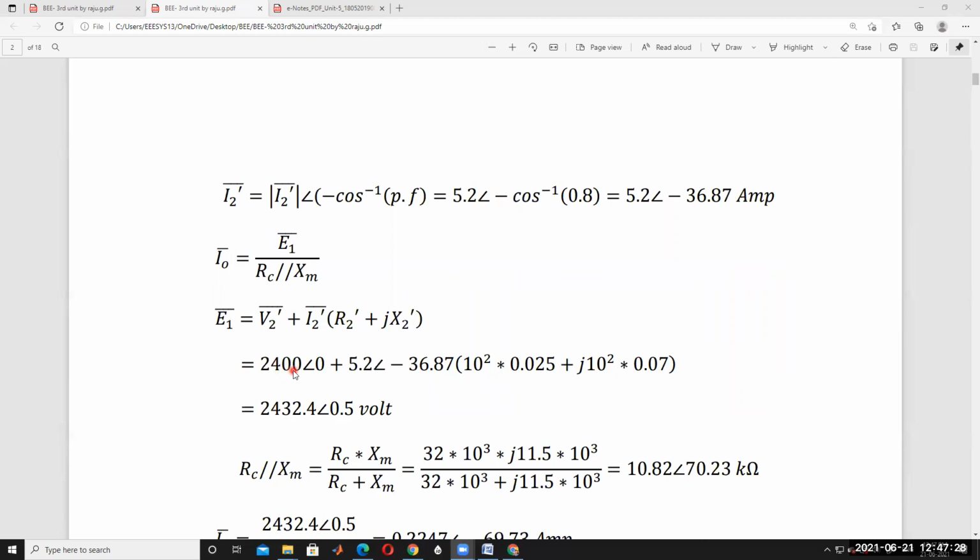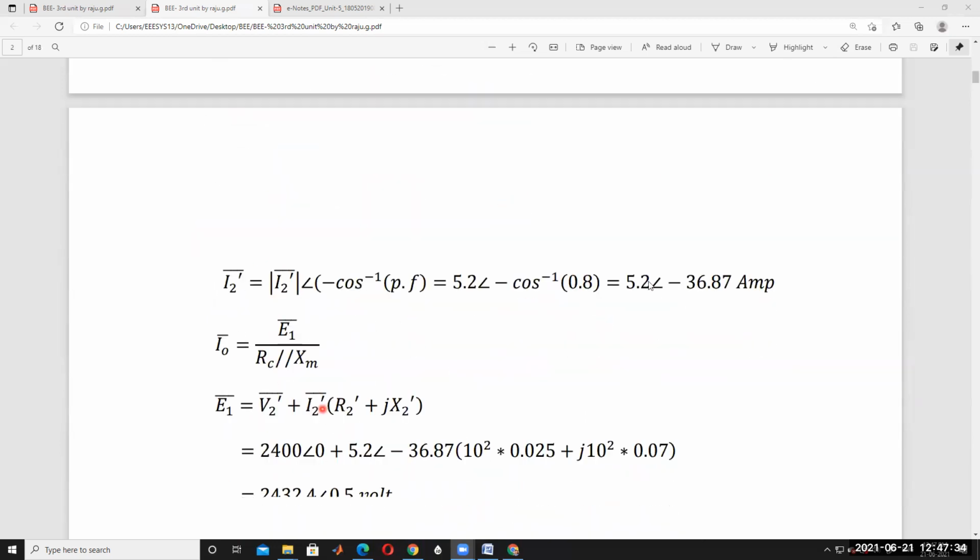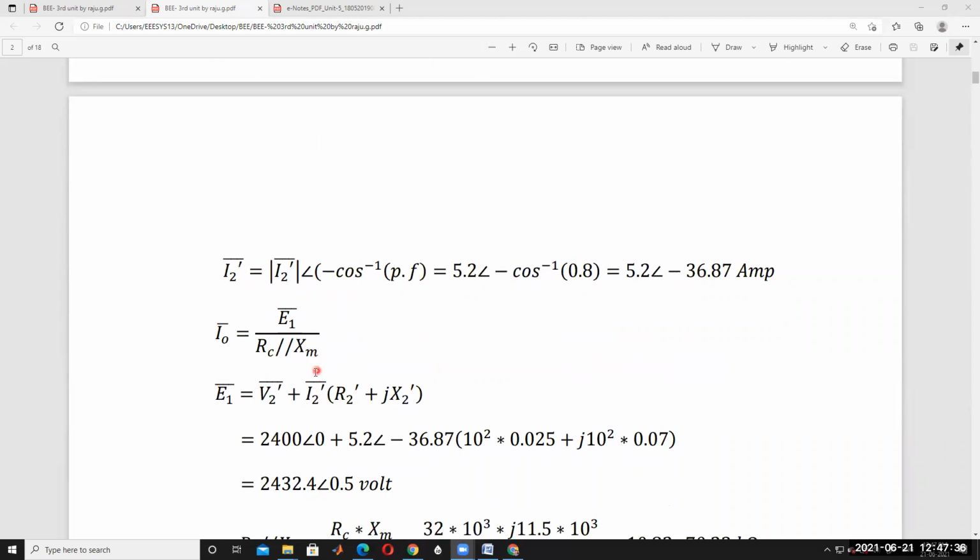Otherwise, a into V2, that is 10 into 240. How to transfer the secondary side voltage to the primary? What is the relation between secondary and primary? V1 by V2 is equal to a, the turns ratio N1 by N2 is equal to a. V2 by V1 is the transformation ratio K, but here a is taken.